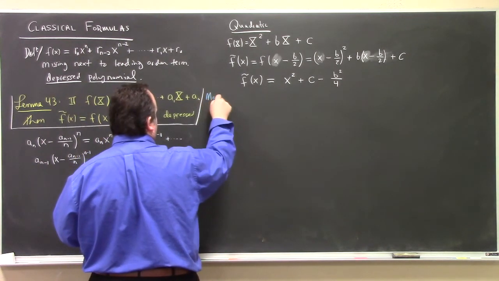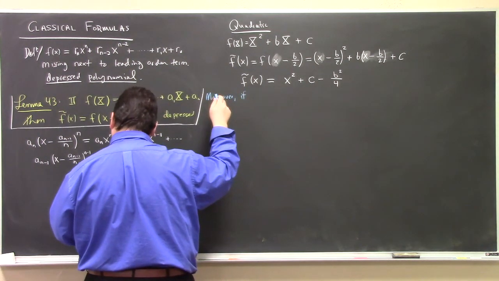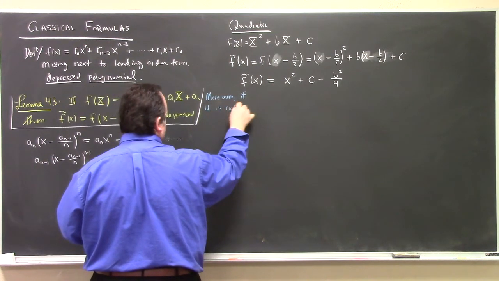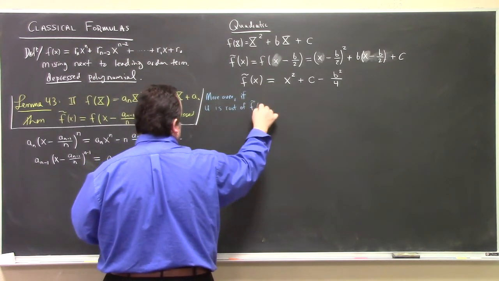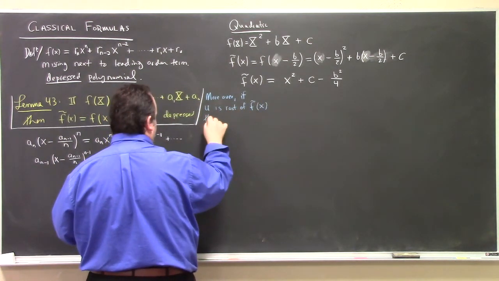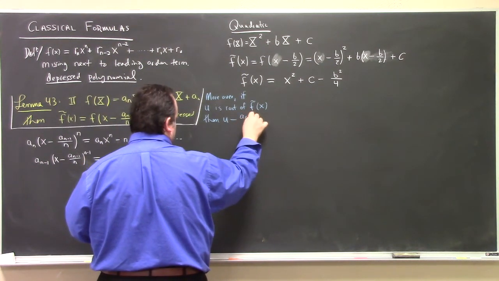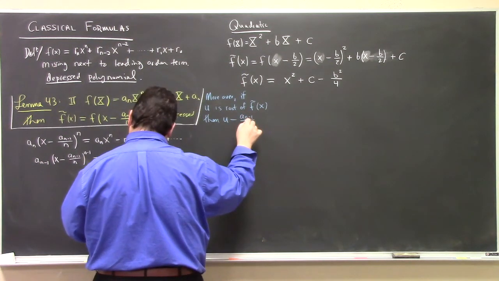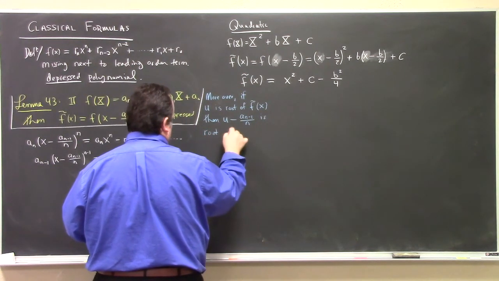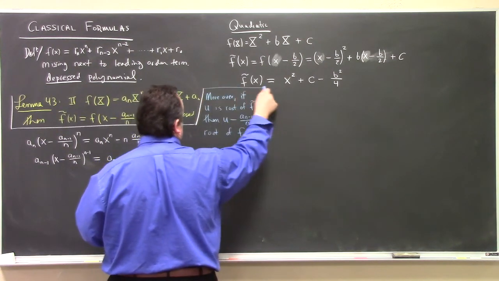Moreover, if u is a root of f tilde of x, then u minus a sub n minus 1 over n is a root of f of big X. So that's actually the part he has.